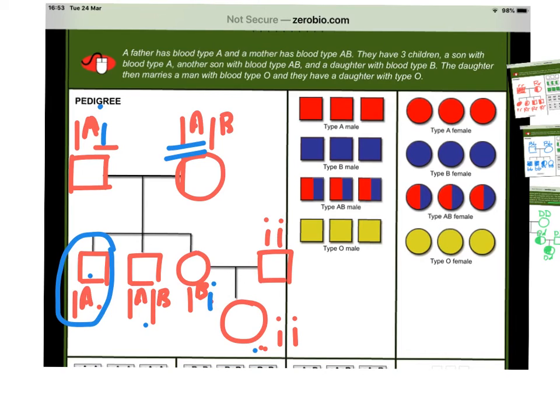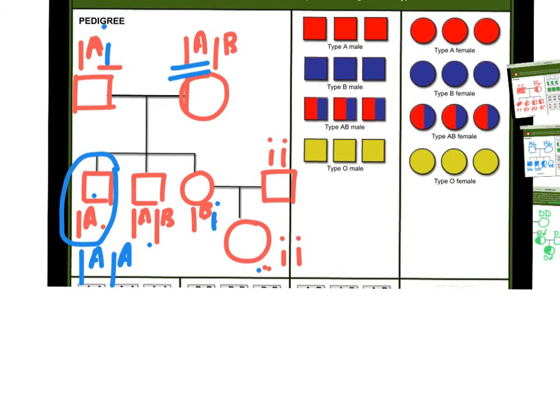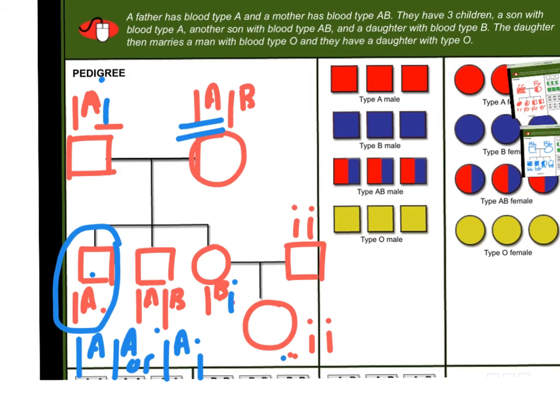Okay, so this son is actually one where it's still a mystery. He could be I^A I^A, or he could be I^A and a lowercase i. So for that one, it's still kind of a mystery. We don't know. He can be either one.